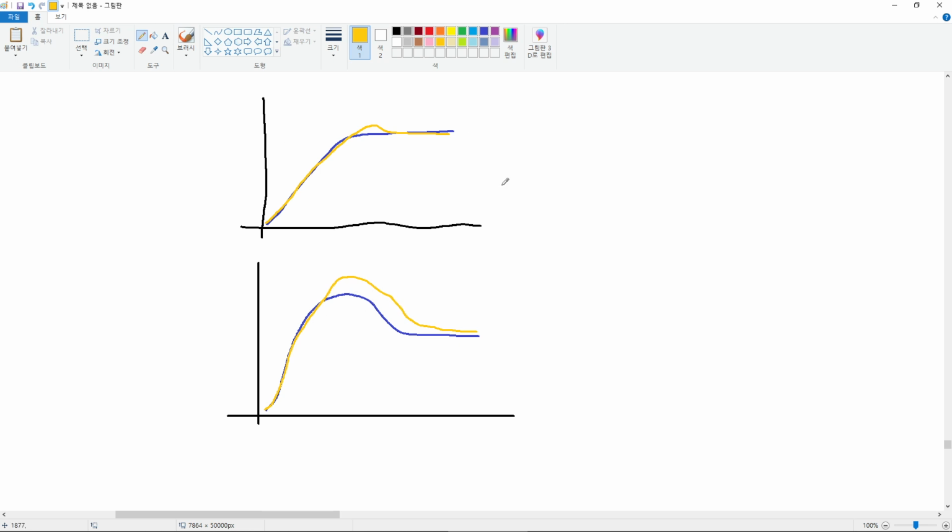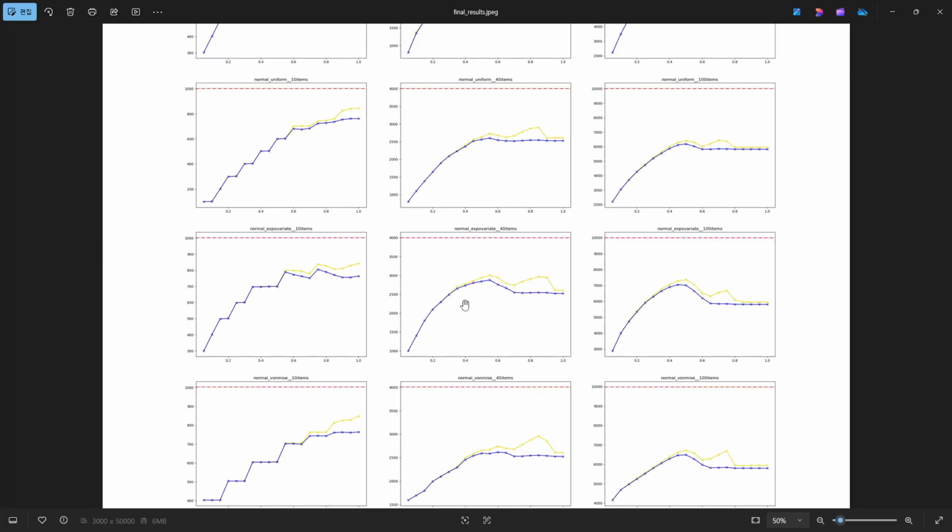It's either some variation of this or this at 40 items or 100 items, and we'll see that now.